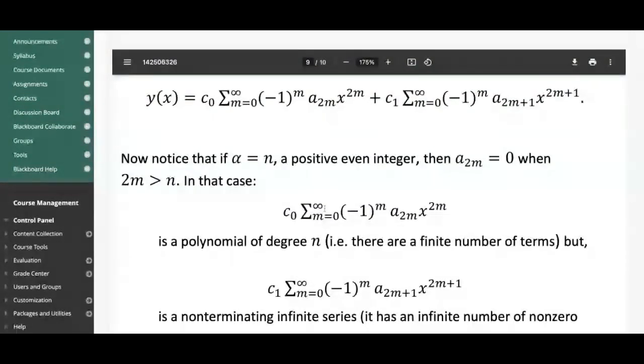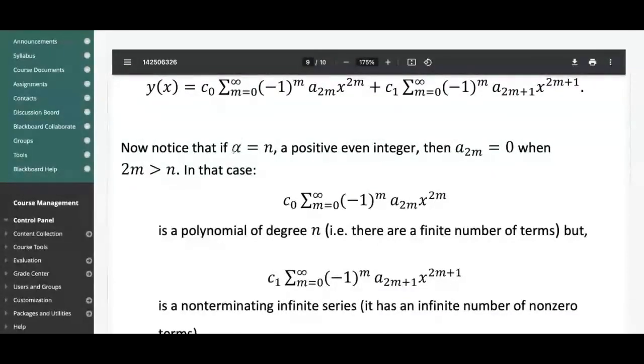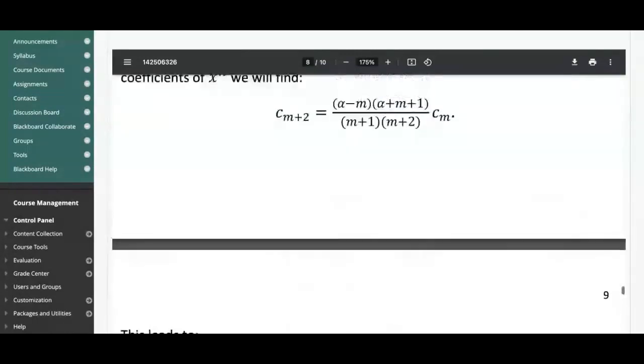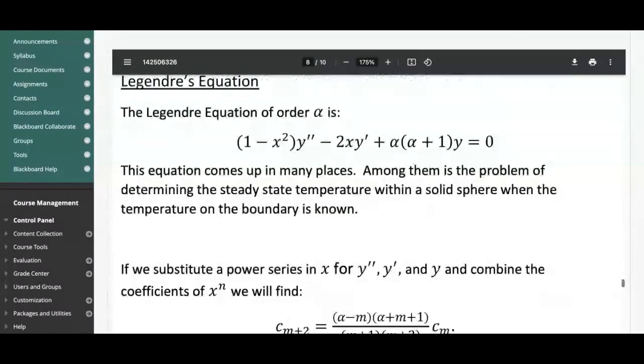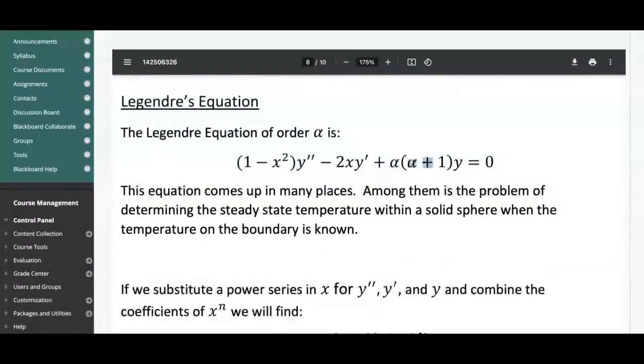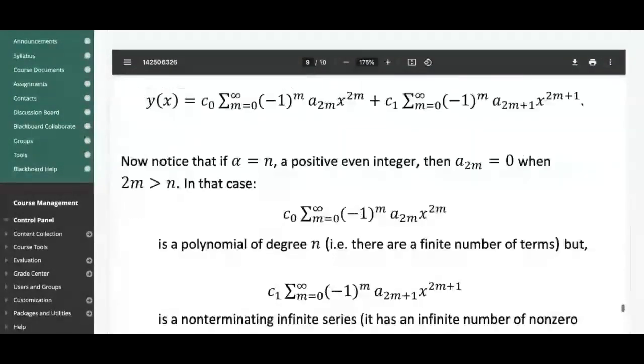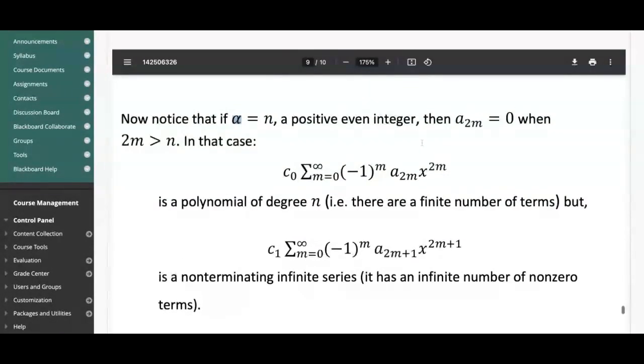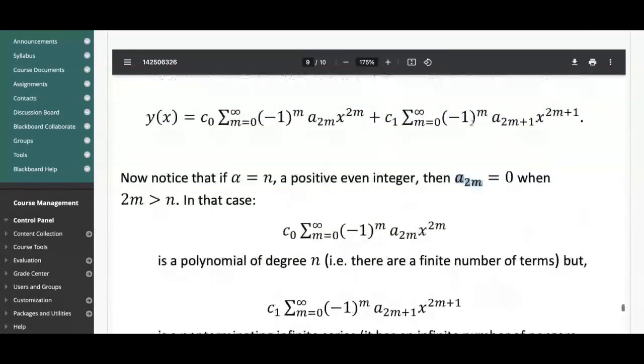So let's see, if alpha equals n, we have some special cases. Remember what's alpha? Alpha in the beginning, alpha plus 1. If alpha is a positive integer, then what happens? a_2m will be 0.